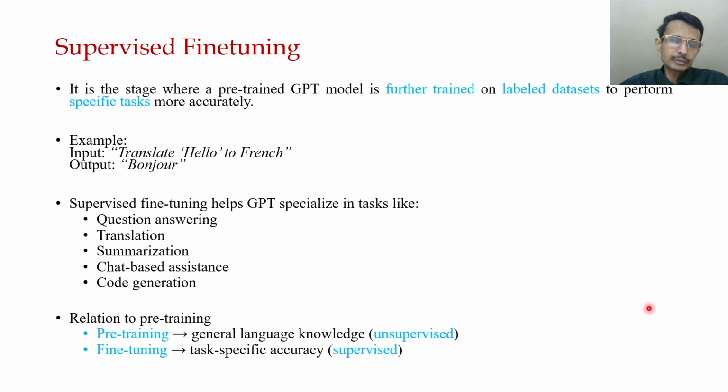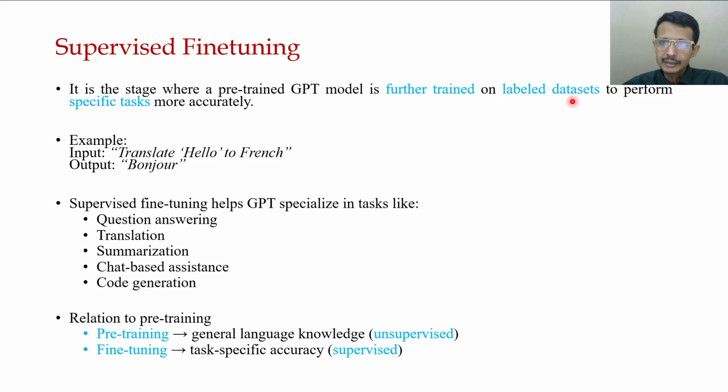The next phase of training is the supervised fine-tuning. It is the stage where the pre-trained GPT model, which has already been pre-trained on a large text corpus, is further trained on a labeled dataset. Now this labeled dataset is not that large.